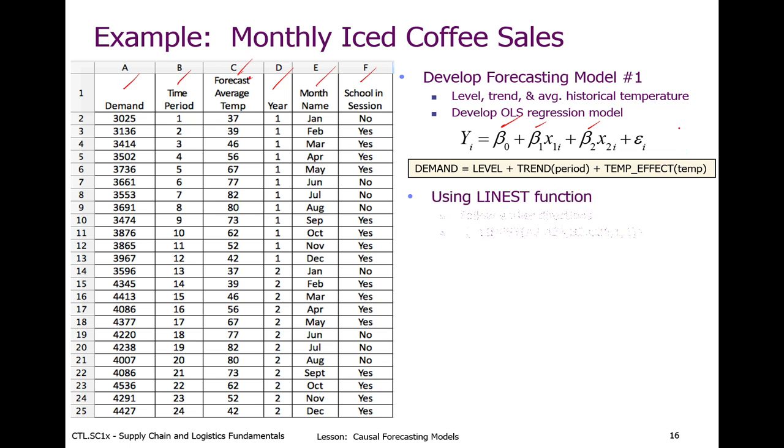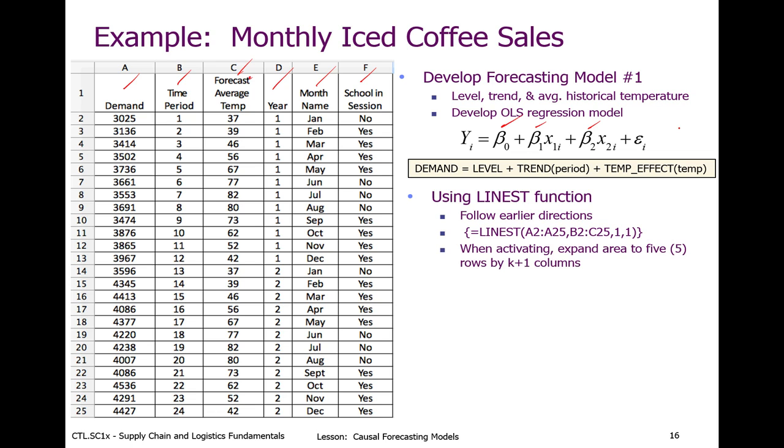I'm going to use the LINEST function following the earlier directions. The only difference is when I get to the known x's, I'm going to do both of these columns. I highlight both of them because in the LINEST function, your x variables, your independent variables, need to be adjacent to each other. So they have to be next to each other.